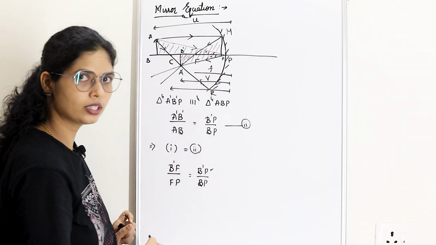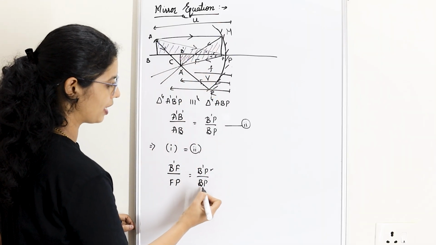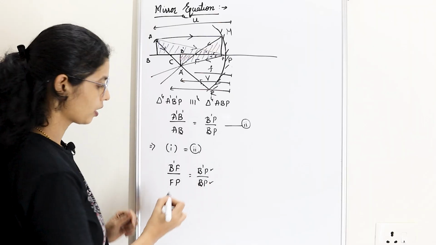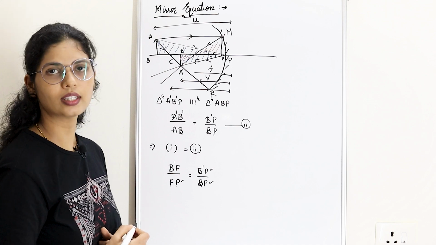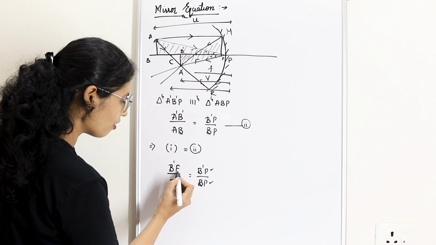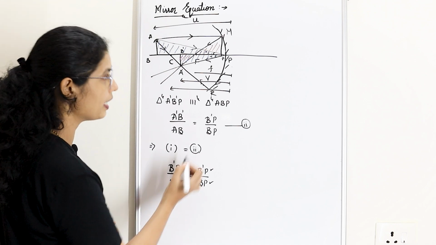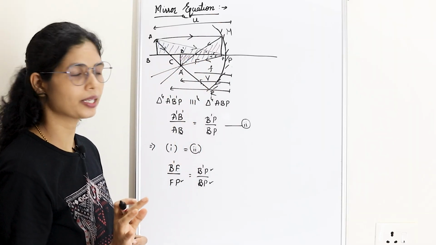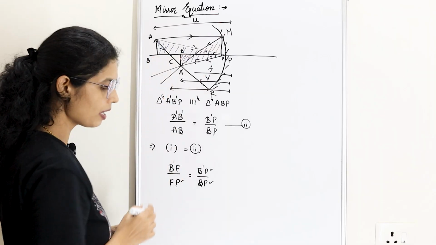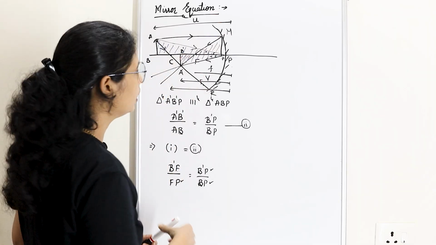Yes, we know the value. Pole to object distance we also know. Pole to F, that is principal focus, focal length, we also know. Do we know the value of focus to B dash? Focus to image distance, do we know? We don't know about it, right? So we don't know this distance.